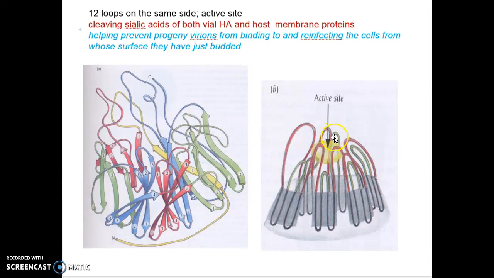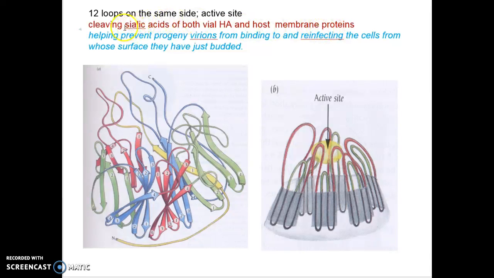This active site is composed of 12 loops, and it can cleave sialic acid of both viral HA, which I'm going to explain soon, and the host membrane proteins.